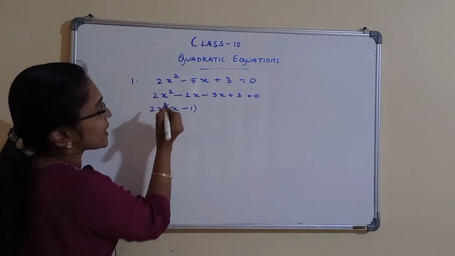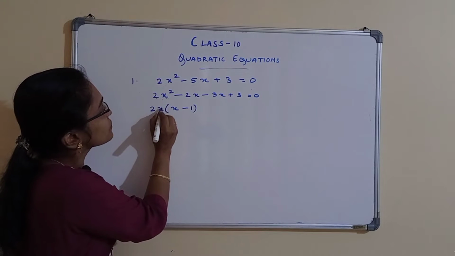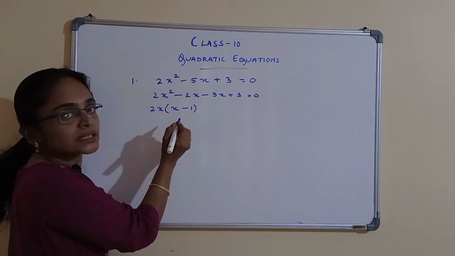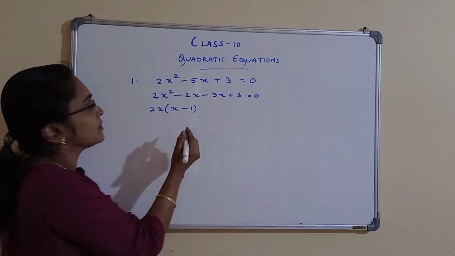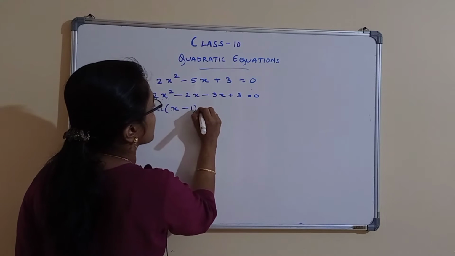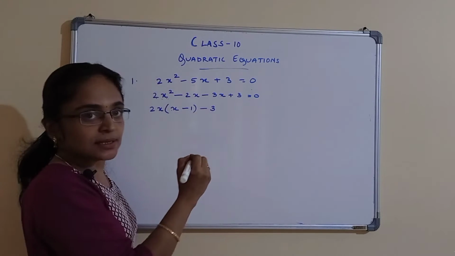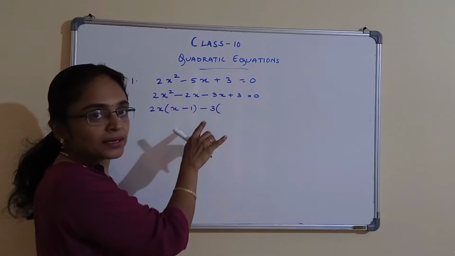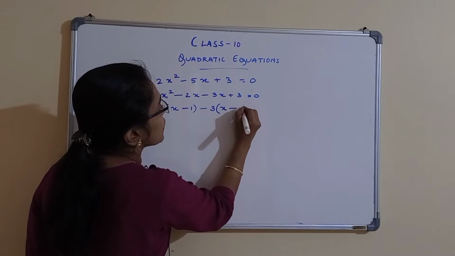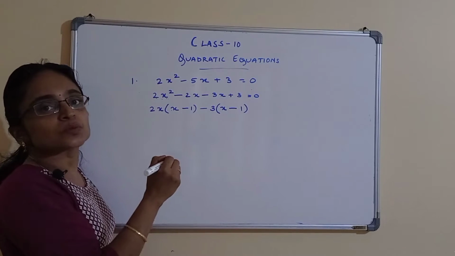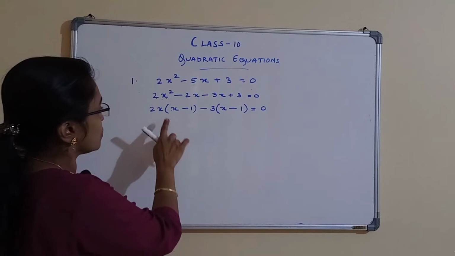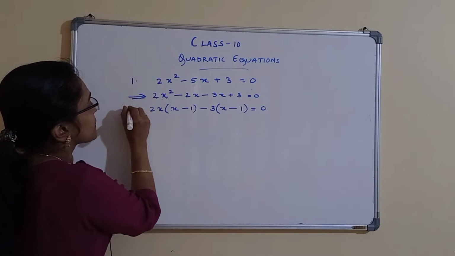And we can take minus 3 as common from the other two terms, so taking minus 3 outside, we have x minus 1, because minus 3 into minus 1 is plus 3, is equal to 0.